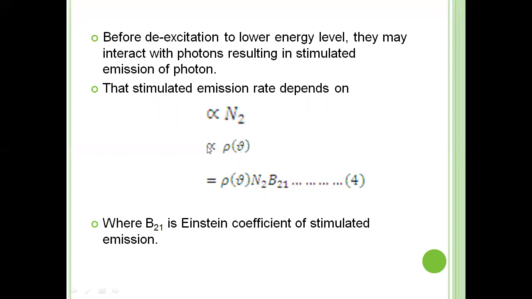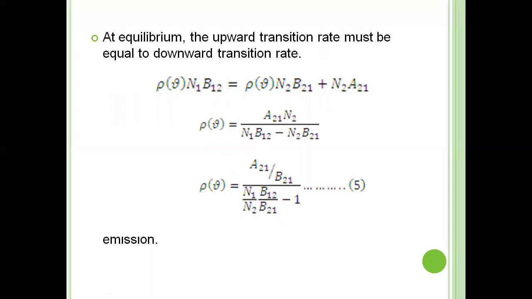Removing the proportionality, we place a constant B21, called the Einstein coefficient of stimulated emission. As the process happens from the second energy level to the first, we call that constant B21.